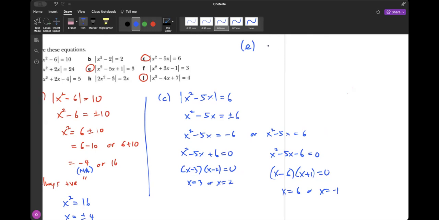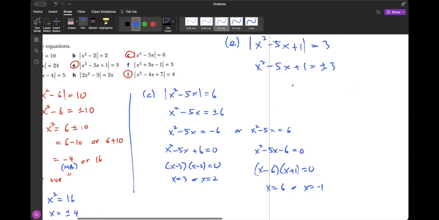Okay, let's check the answer. So first step is plus minus 3. So actually you can jump some step because this one can be negative and positive.